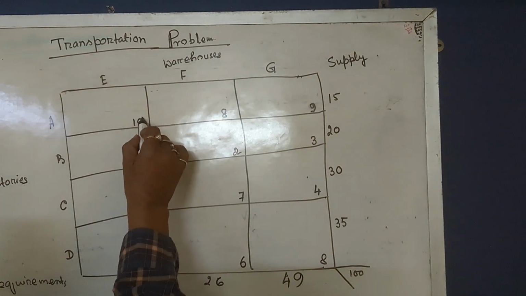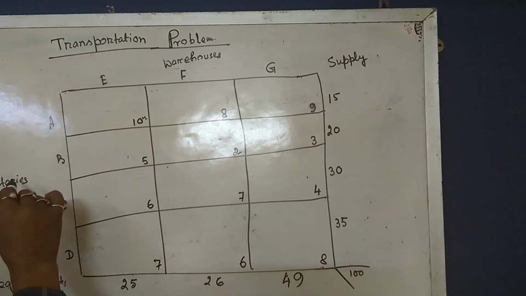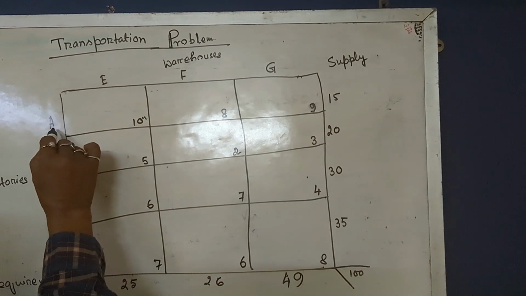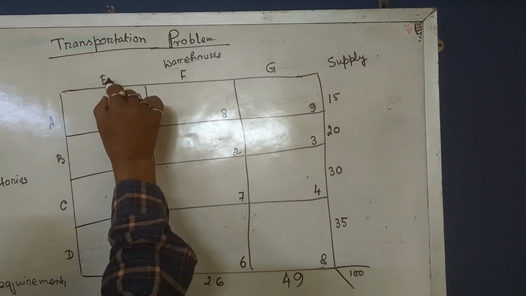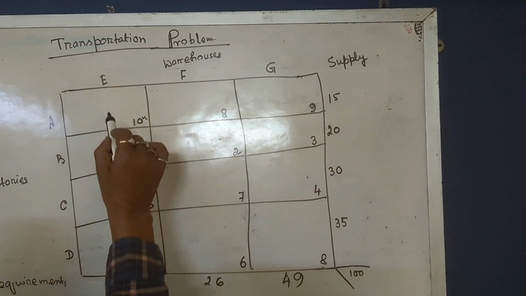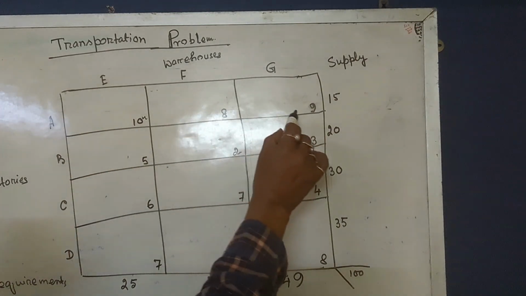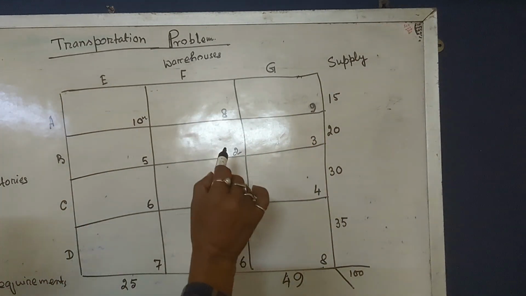Now, what is this 10? 10 means if you want to ship one unit of the product which is produced at a factory to the destination or warehouse E, the per unit transportation cost is rupees 10. In this way, all transportation costs are noted here.